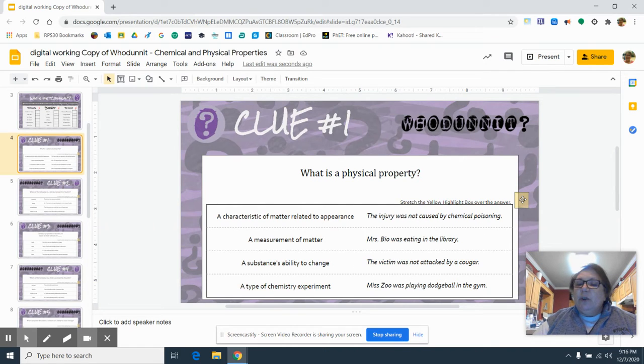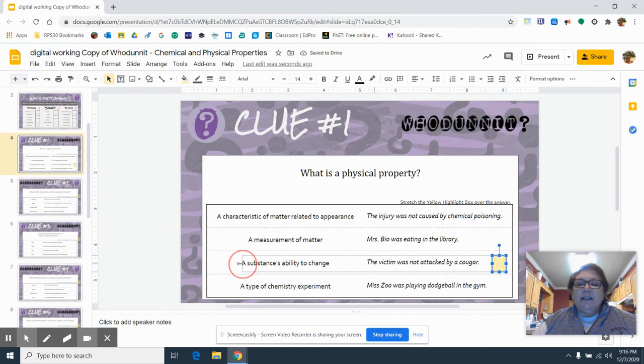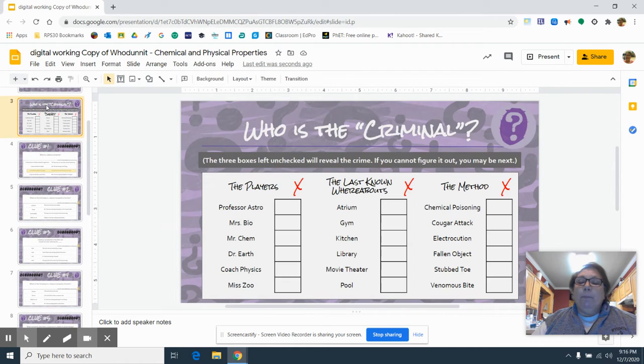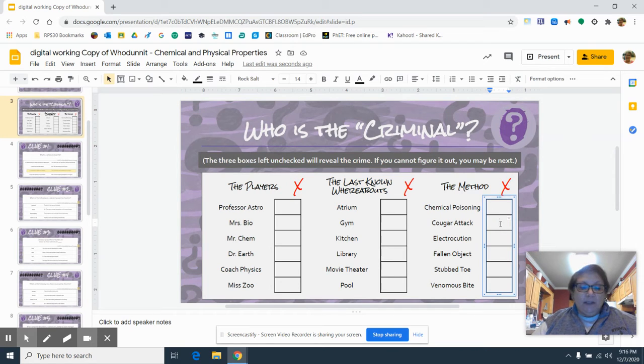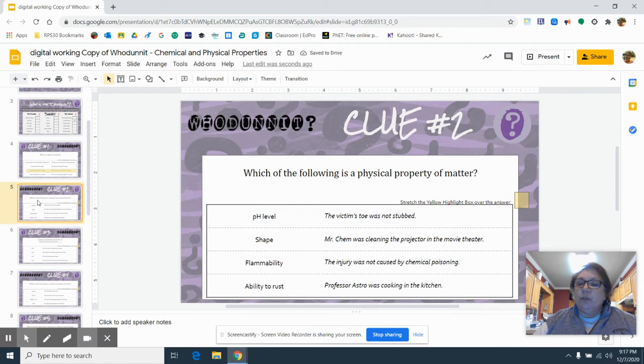It says stretch the yellow highlight box over the answer. So you're going to pick up this box and put it where it belongs, and then highlight the one that you've chosen. This says substance's ability to change. That means that the victim was not attacked by a cougar. You're going to go back up to this and cougar attack. Nope, was not attacked. Then you're going to go to clue number 2.